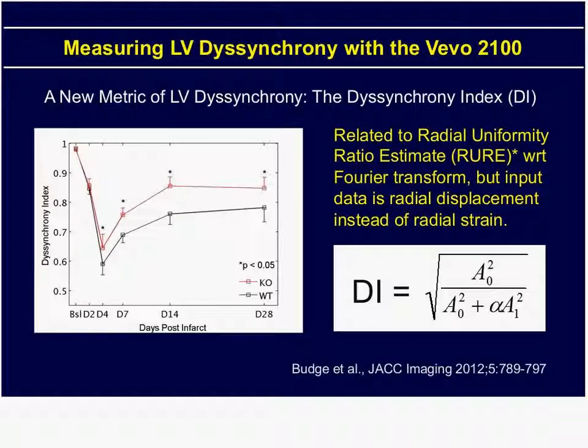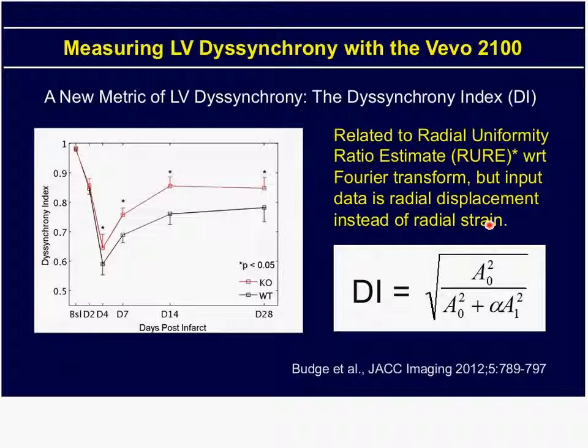Now to the form of dyssynchrony that develops in the viable myocardium later after MI. We've previously preferred standard deviation of time to peak strain for that measurement, but here we've applied a new method which is related to RUR, the radial uniformity ratio estimate. That's where we're always using a Fourier transform, but the input data into that Fourier transform is radial displacement instead of radial strain.